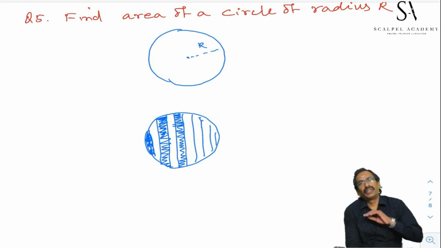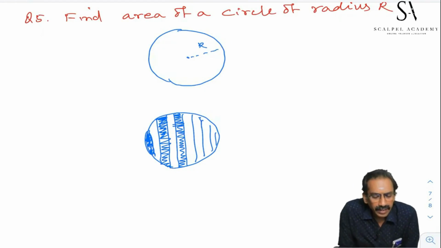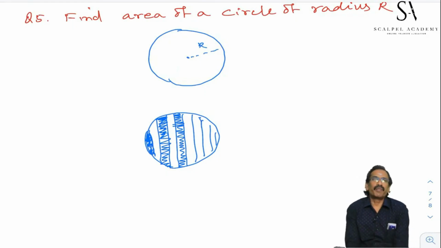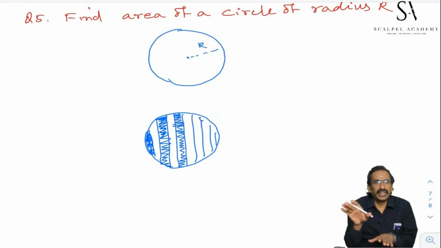There should be a uniformity, whether must increase or must decrease. This element area, the area of a rectangle, we can take it, no doubt at all. So we can sum up, but it is very difficult to calculate because there is no uniformity of variation.